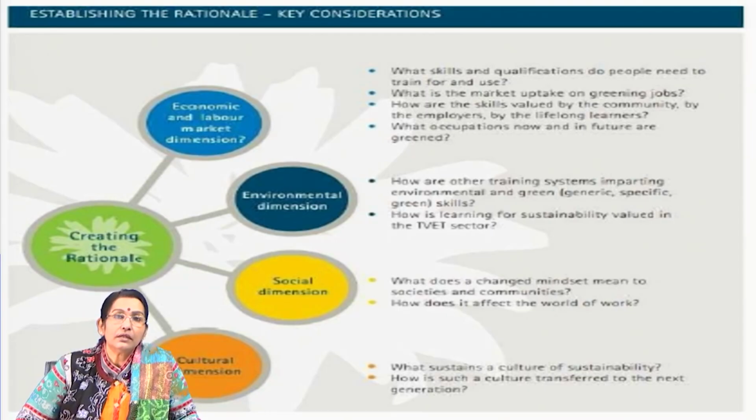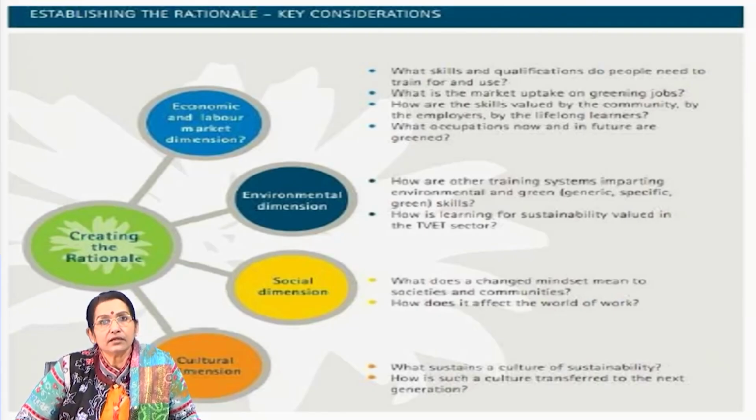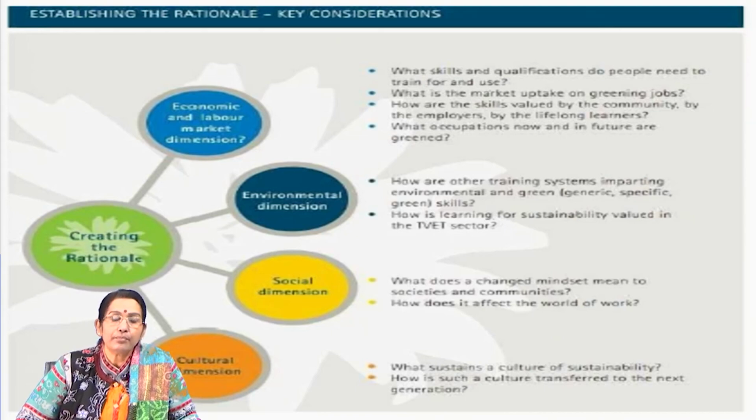These have already been explained in the rationale stage: what skills and competencies we are going to learn, what impact it will have, how other training systems are different and how they affect environmental aspects, what skills and qualifications people need to learn and train for, and how these skills are valued in the community. All kinds of questions regarding what skills, how, when, where.